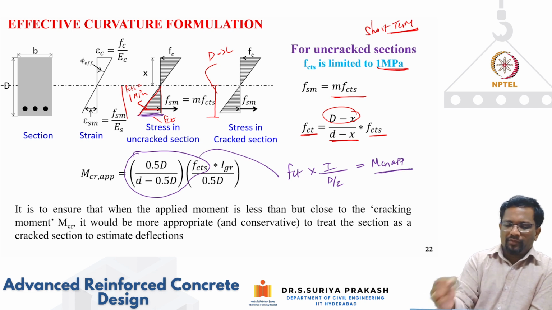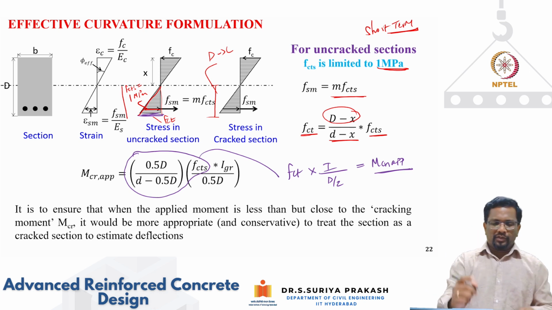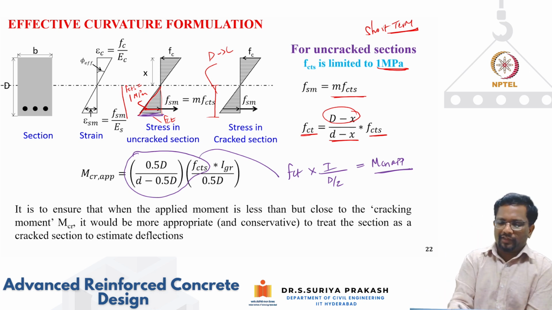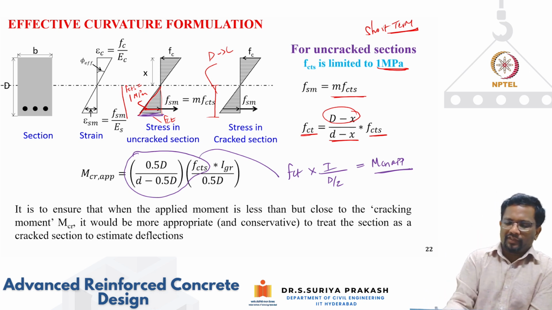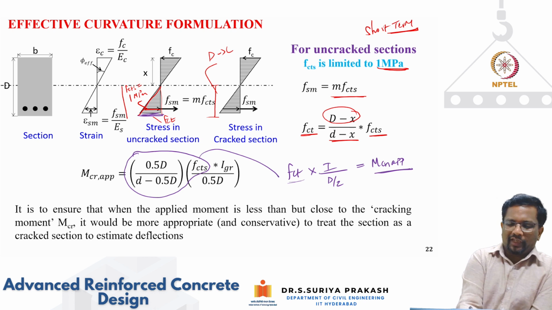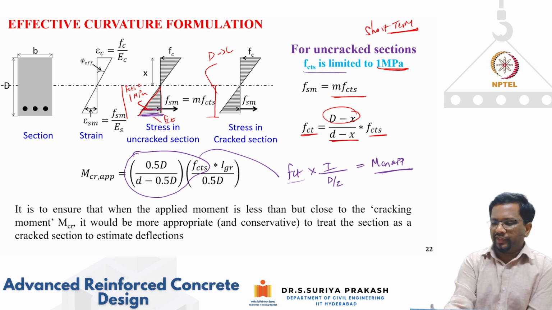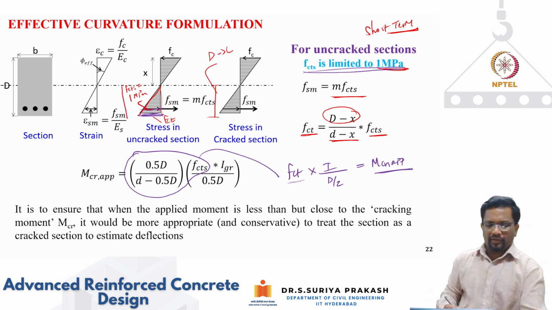Now why are we doing this apparent cracking moment? The code is saying that I am assuming an uncracked section only when the stresses are less than this value, which is FCT at the bottom fiber. Because at the level of steel I cannot exceed more than 1 megapascal. So that is what we are limiting.